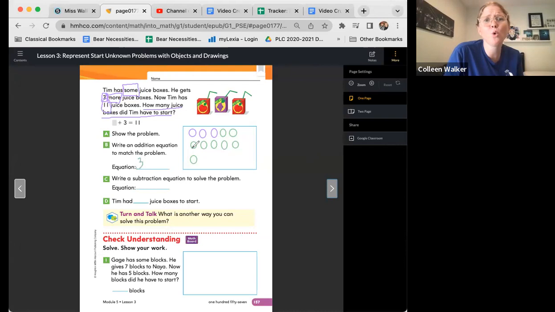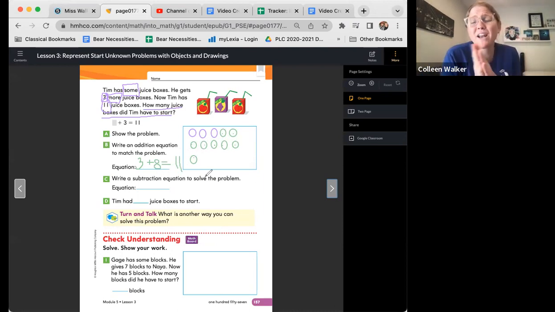And then how many more juice boxes did we make? So how many were green? Can you count with me? 1, 2, 3, 4, 5, 6, 7, 8. So we're going to do 3 plus 8. And then how many juice boxes does he have altogether? Yes, 11. Awesome.